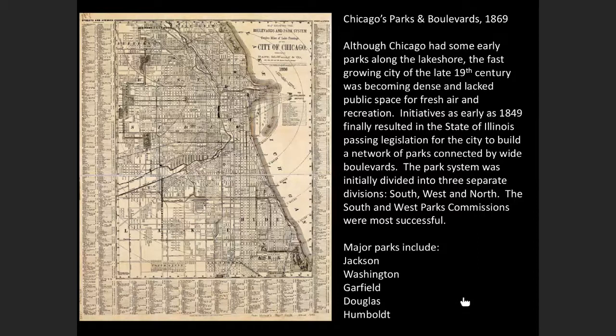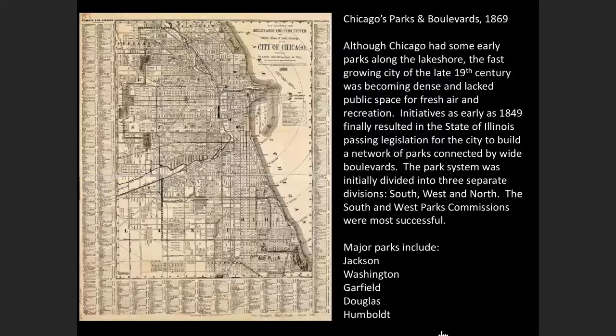And so Chicago takes these ideas that are happening in London and in Paris and in New York, and puts them all together and creates what most people recognize as one of the most incredible park systems of any city in the world. And today we have some of the major parks: Jackson Park, Washington Park, Garfield Park, Douglas, and Humboldt. Those are the original parks that were laid out.